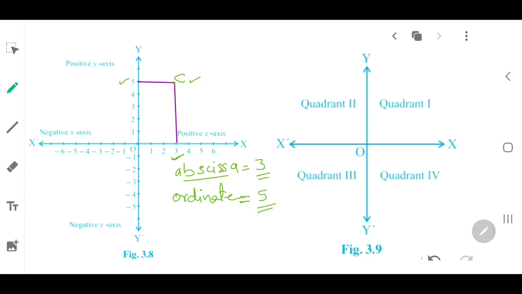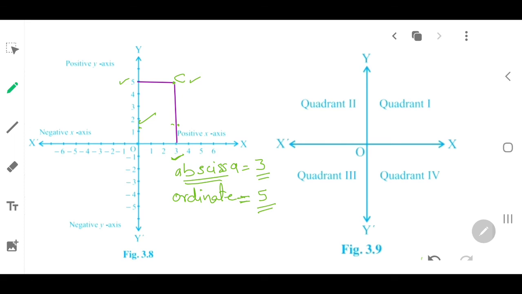So once again you hear, the distance of point C from y-axis. This is y-axis, correct? So the distance of point C from y-axis is 3 units. Understood? So that we call it as abscissa.